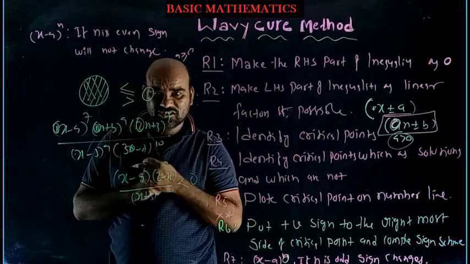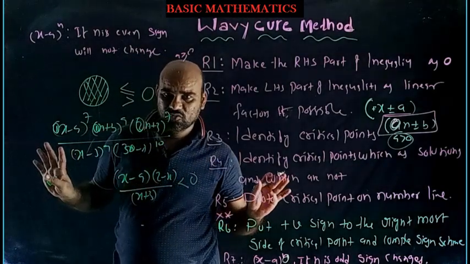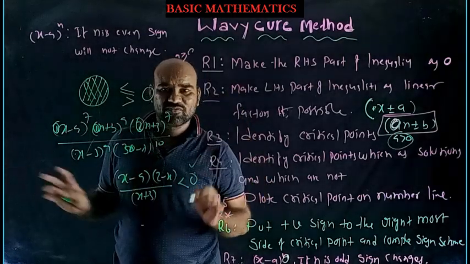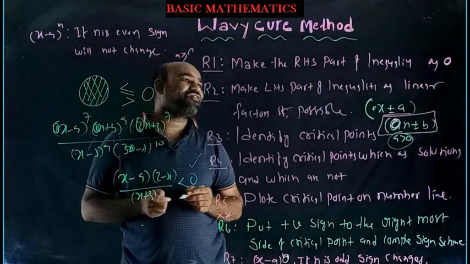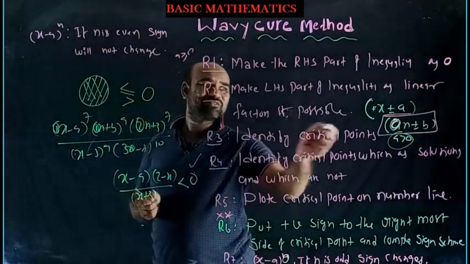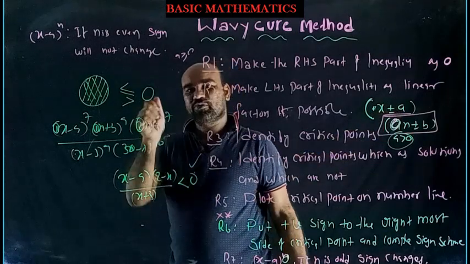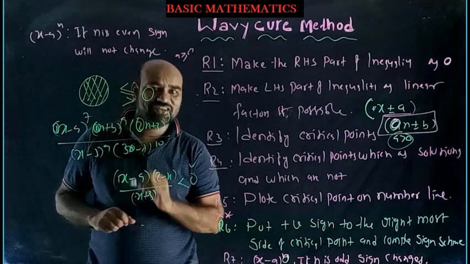We want to solve this. It is not in standard form. We can't use the wavy curve method directly because, okay, rule 1 is satisfied, rule 2 is not satisfied. Make the LHS part of the inequality linear factors of the form ax plus or minus b. So the coefficient should be positive, but here the x coefficient is negative.